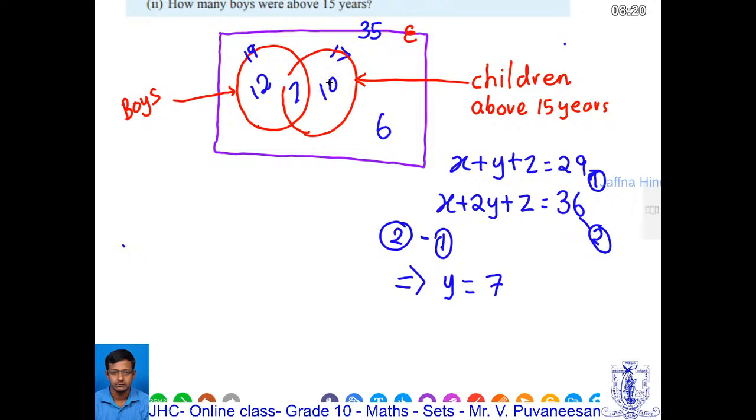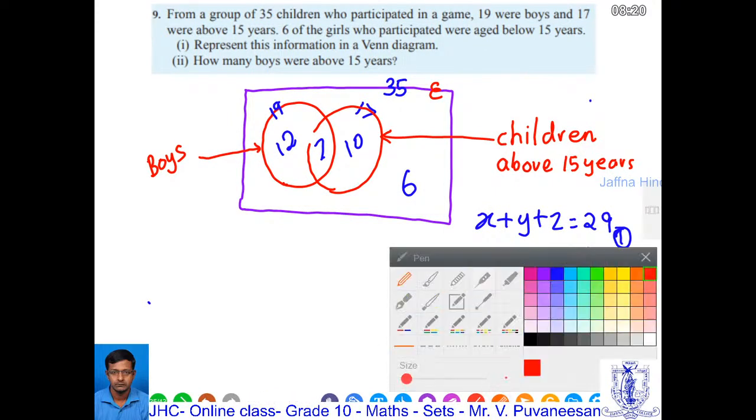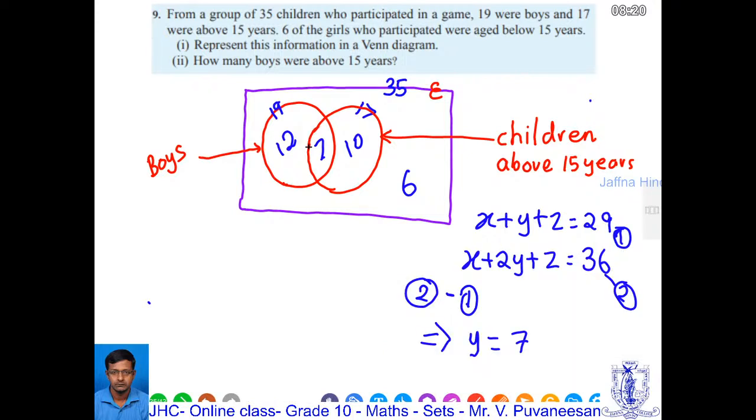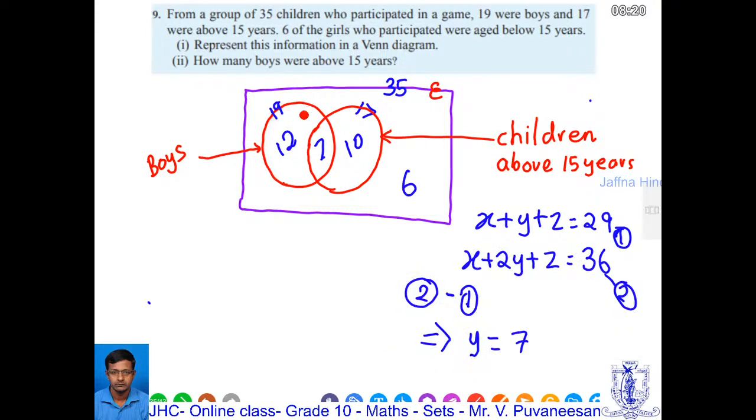Okay, what is the question you have been asked? How many boys were above 15 years? In the boys circle, 19, this region 12 means boys who are below 15 years, because it is outside the above 15 years circle. So how many boys were above 15 years means boys intersected with above 15 years.